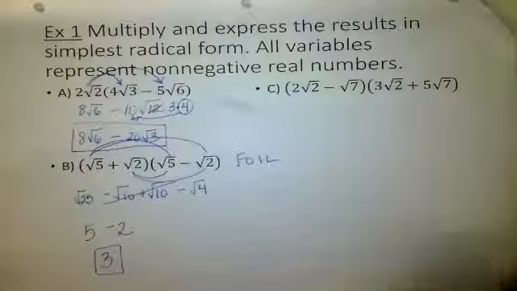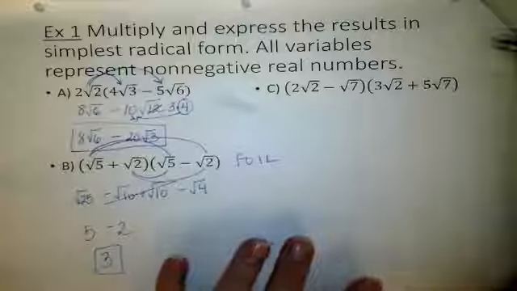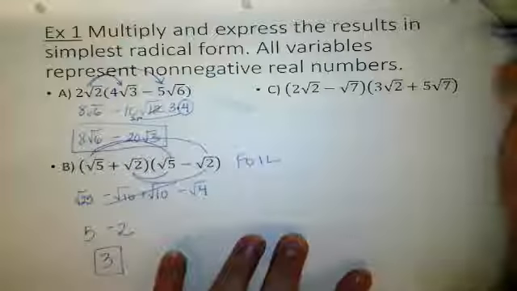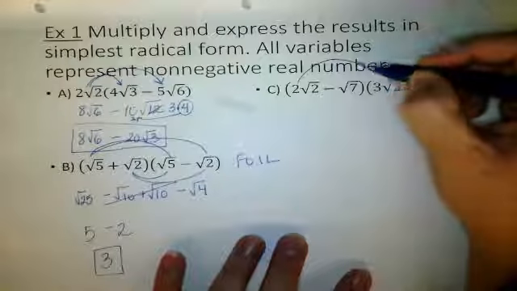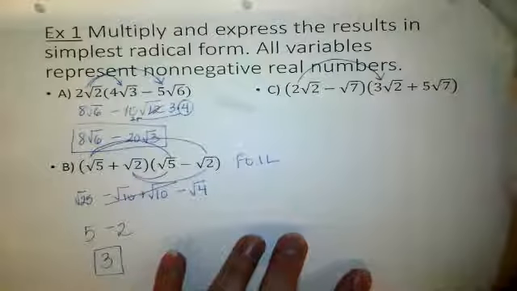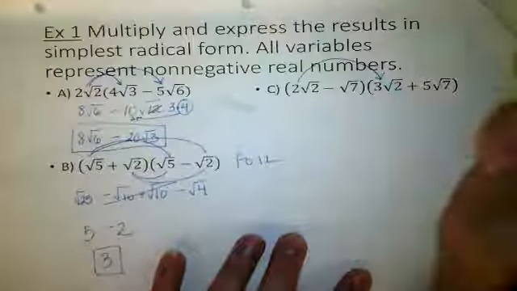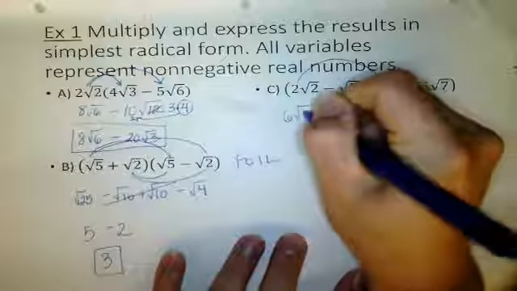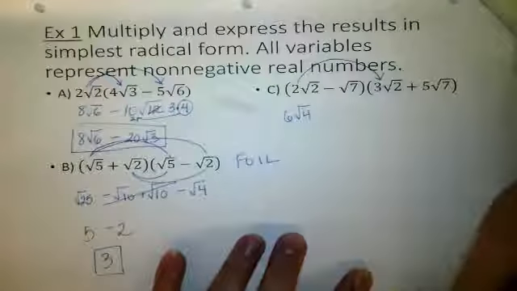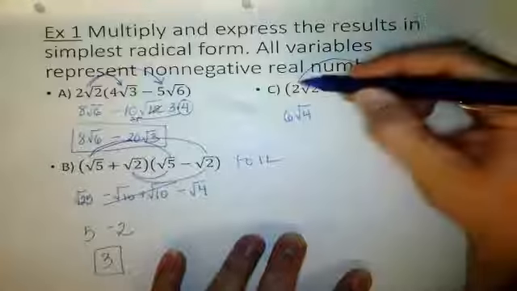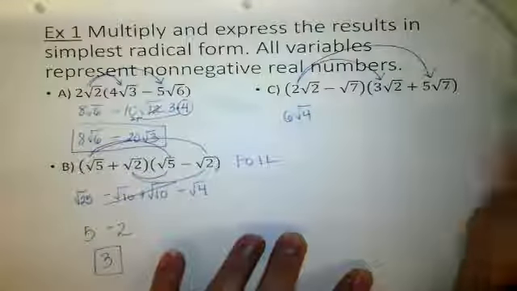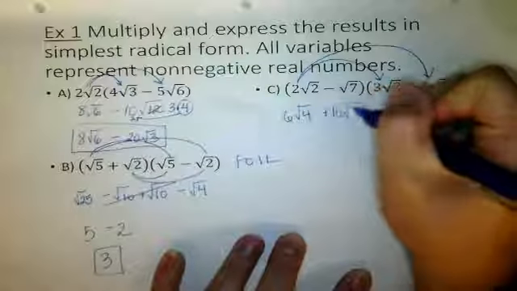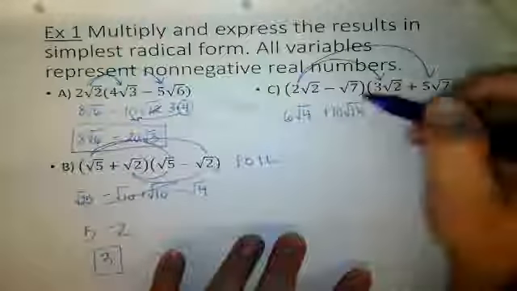All right. Same idea. First times first. 2 radical 2 times 3 radical 2 is 6 radical 4. Yes, we'll clean it up in just a minute. 2 radical 2 times 5 radical 7 is 10 radical 14.